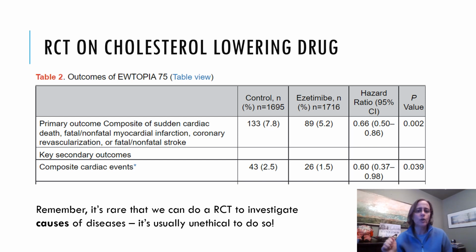They took a whole bunch of people who had high cholesterol levels, and half of them they randomized to get no treatment, and the other half they randomized to take a medication. And they followed them forward over time, in this particular study for about 4 years. And they asked, are the people in whom we treated their cholesterol, so their cholesterol numbers went down, did they have fewer heart attacks than the people where we just left the cholesterol?